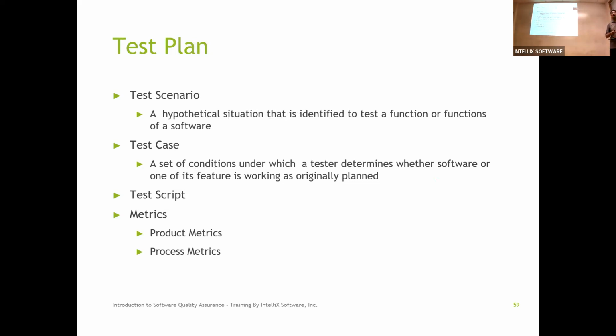Those kinds of things. Process metrics talk about the overall testing process. How many test cases can I create on a daily basis? How many defects am I finding whenever I test this many scenarios? It's around the process. How effective is my process? Okay.